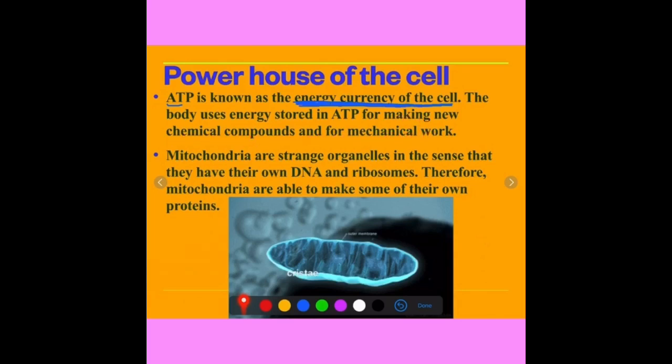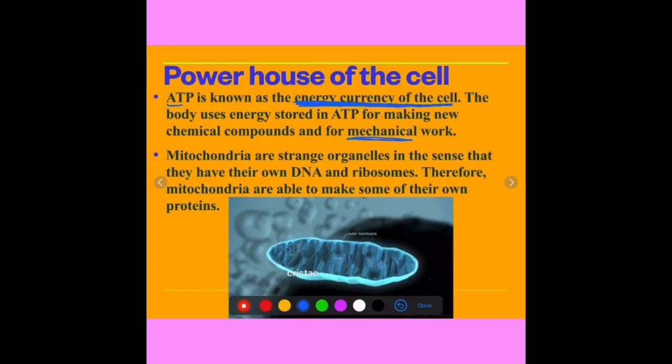So every chemical reaction requires ATP for making new chemical compounds and also for mechanical work. What is mechanical work? For example, you work with your hand, you write, you walk. This is done by the muscles, and the muscles get energy in the form of ATP, which is generated in the powerhouse of the cell.